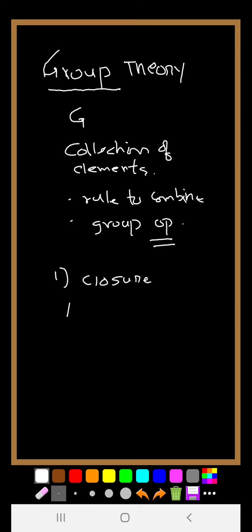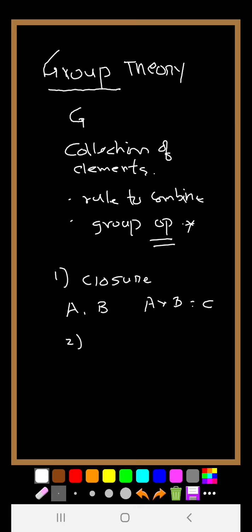That means if A and B are two elements of a group, then suppose we represent the operation by star, A star B is equal to another element C. This is the closure property.